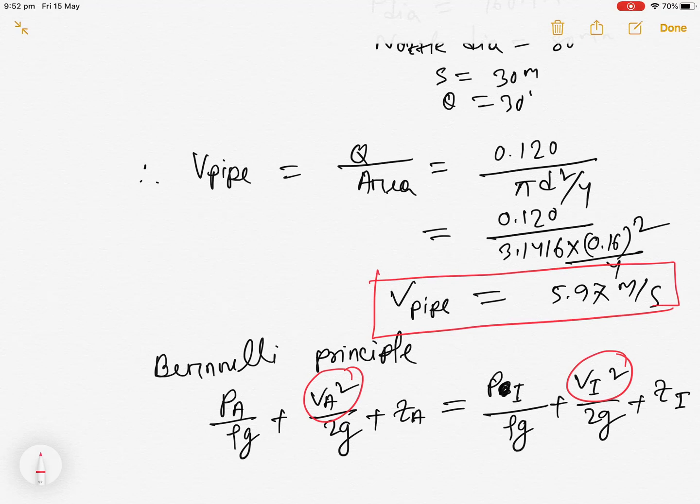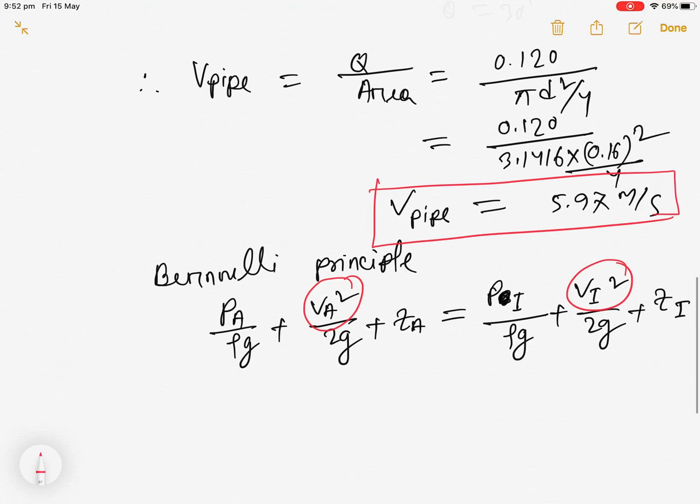So once we know this velocity for the pipe section, we can easily implement the Bernoulli principle. Here the velocity we calculated is actually the pump velocity.